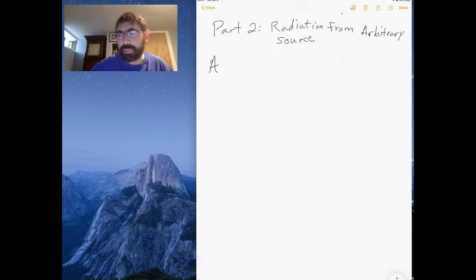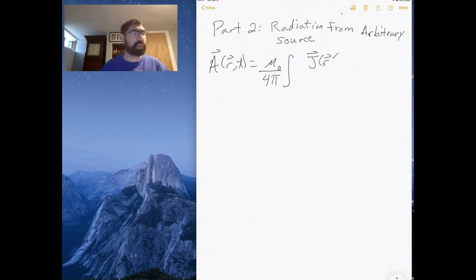In that case, the vector potential A is mu0 over 4 pi, the integral of the current density at some location r prime at a retarded time divided by r, and integrated over the volume of the prime system.